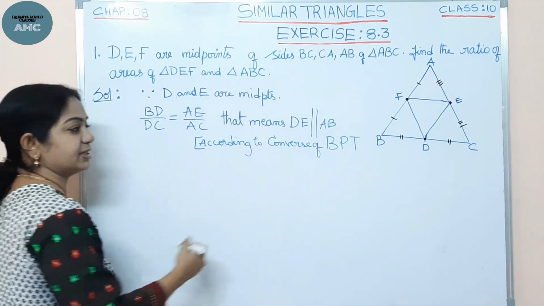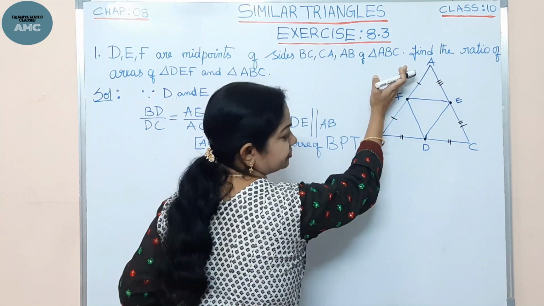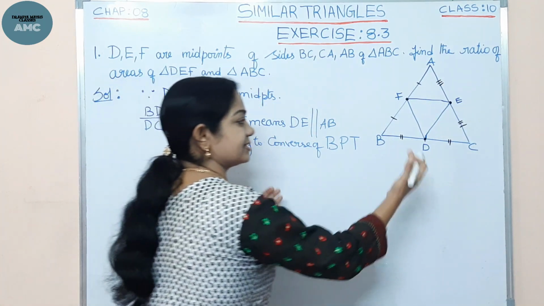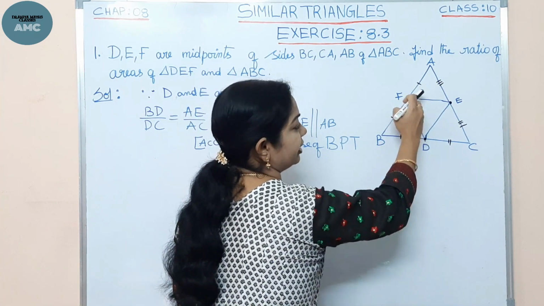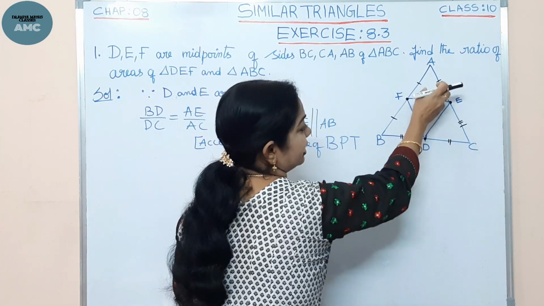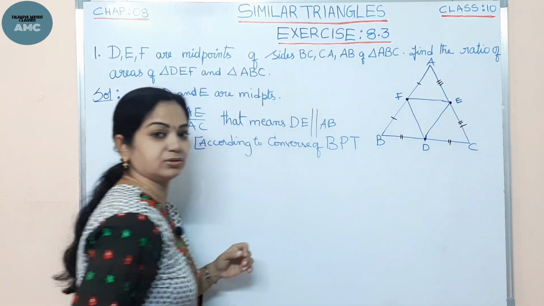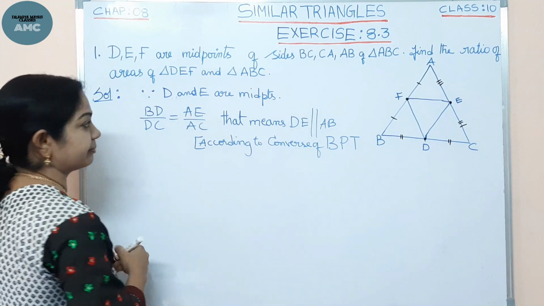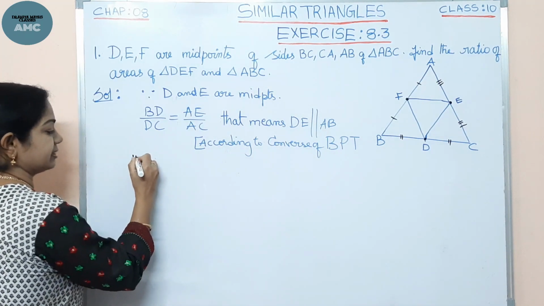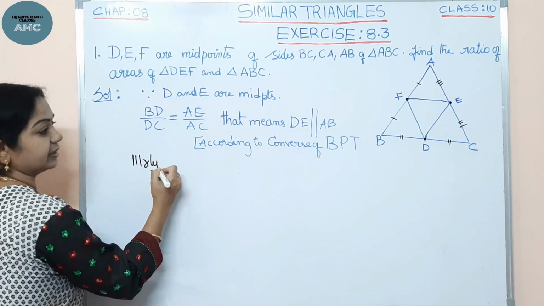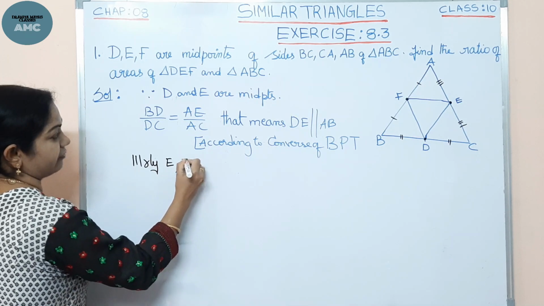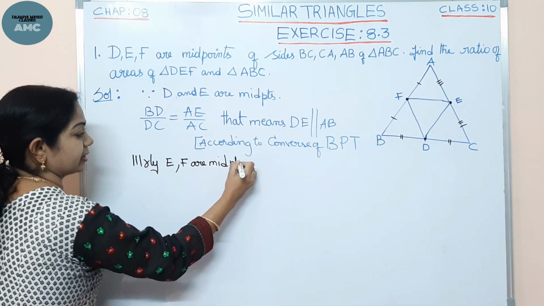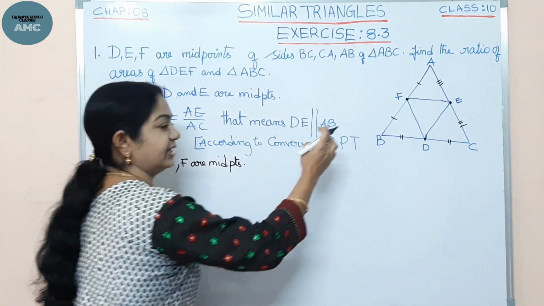Now likewise, if this is parallel to this and these are equal parts, I can similarly prove DF is parallel to AC, and EF is parallel to BC also, because E and F are midpoints, also F and D are midpoints. So similarly, E and F are midpoints, right?